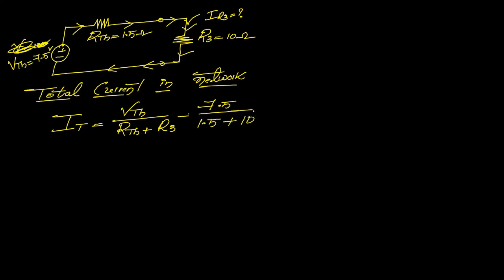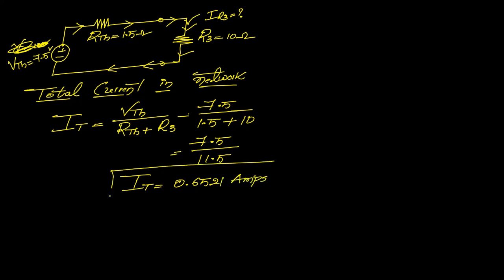Now if you simplify this, here we see 7.5 divided by 11.5. If you do the calculation, the current flowing through it becomes 0.6521 amps.